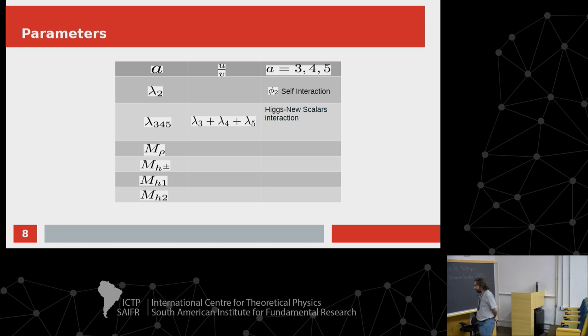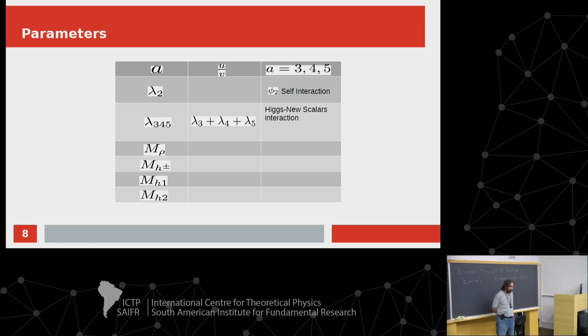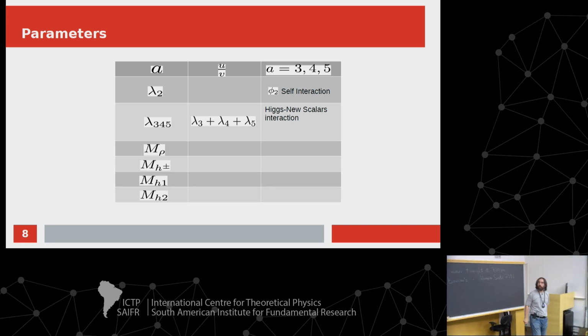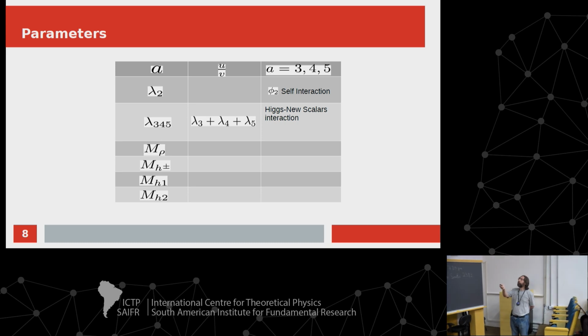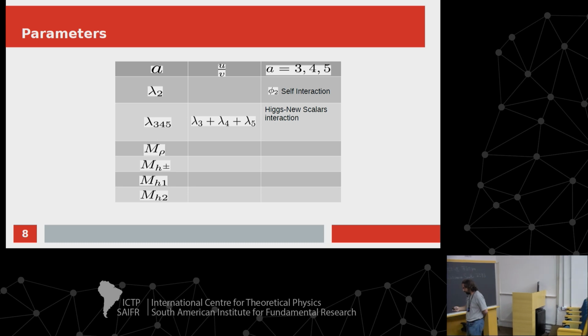The parameters are the same as the inert doublet model, with the addition of this A parameter, which is the ratio of the new scale of symmetry breaking and the standard symmetry breaking scale. And the other new parameter is the mass of the vector triplet.